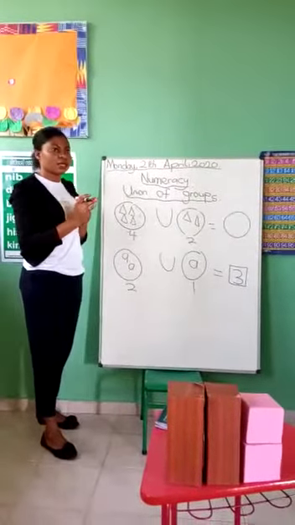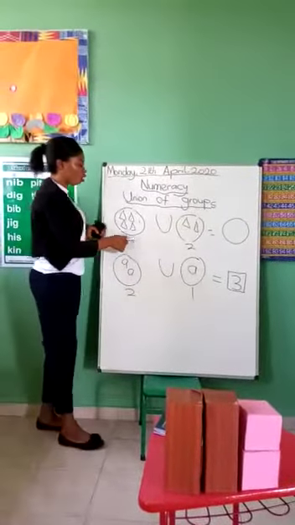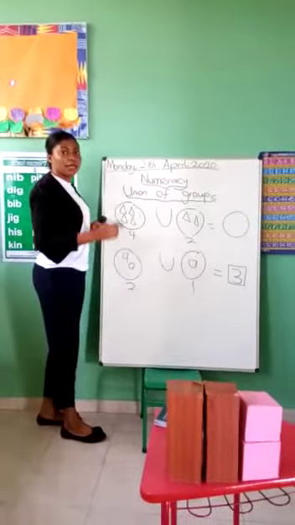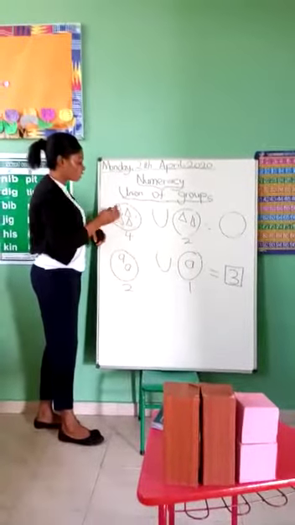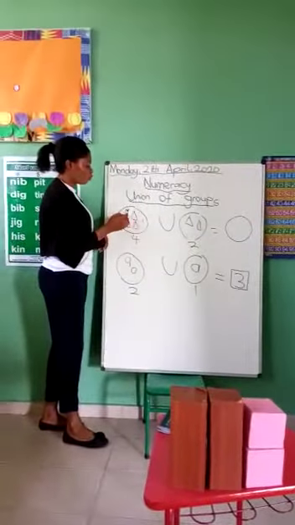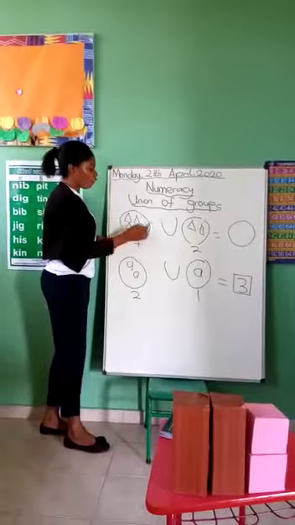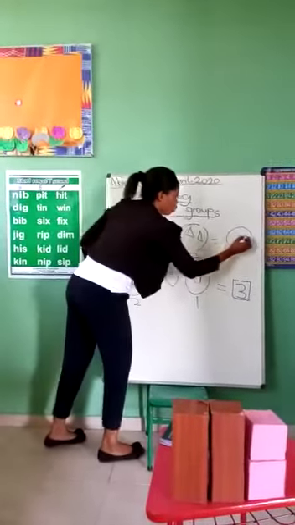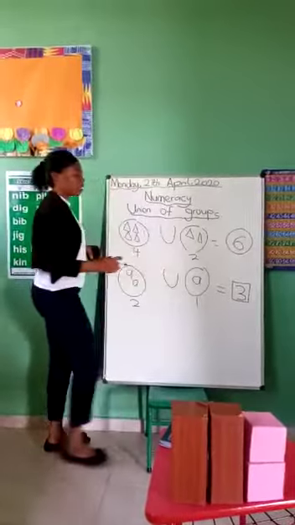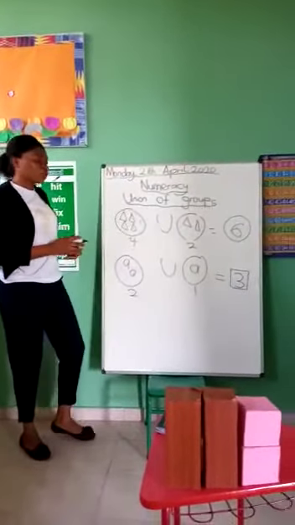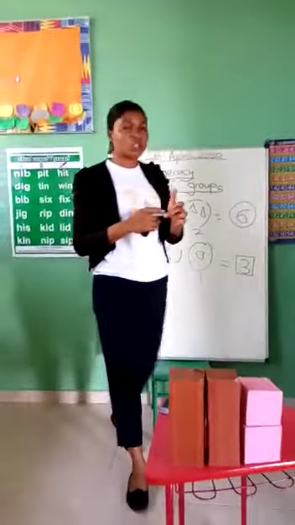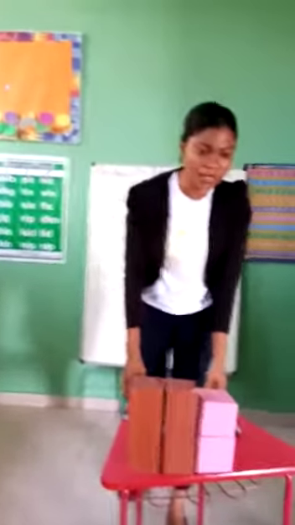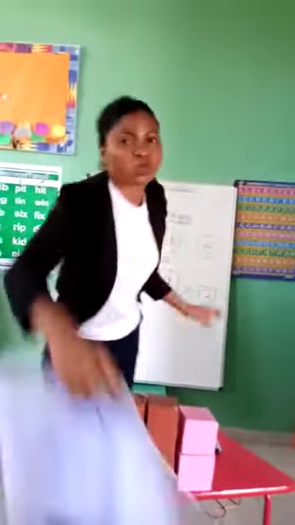You get it? That is good. So if you add 4 and 2, you get what? Let's count first. 1, 2, 3, 4, 5, 6. Good. Then you write your 6. That is good. So that's all about what? Union of groups. We said union means putting something together.